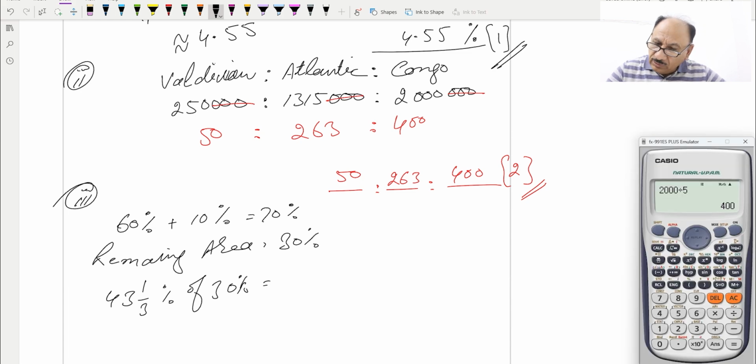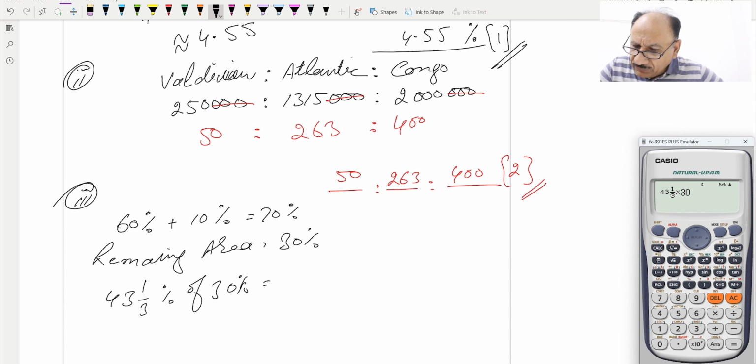We can calculate 43, we'll take a mixed number, this one 43 and 1 over 3, multiplied by 30, and this should be percent basically.